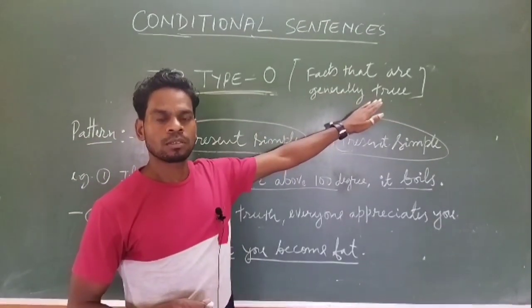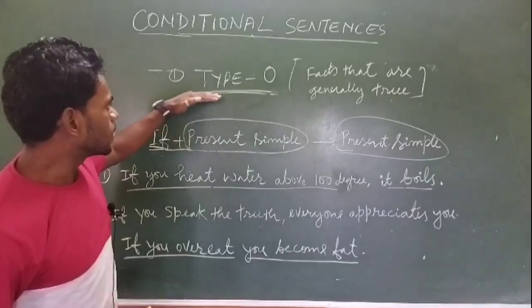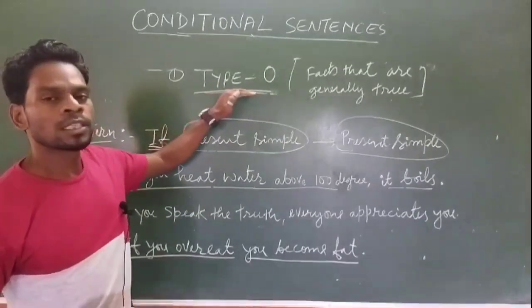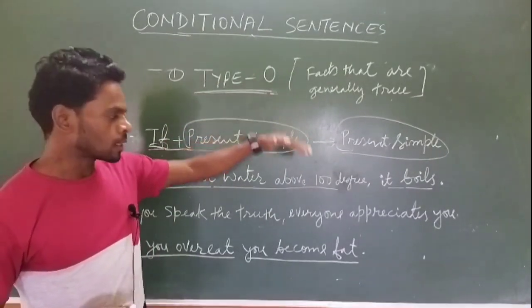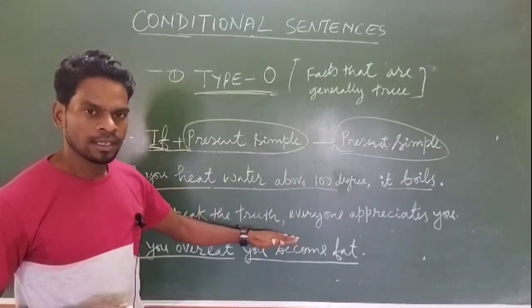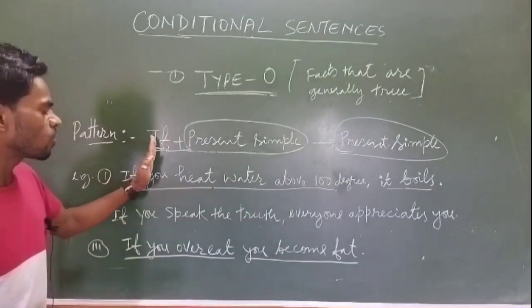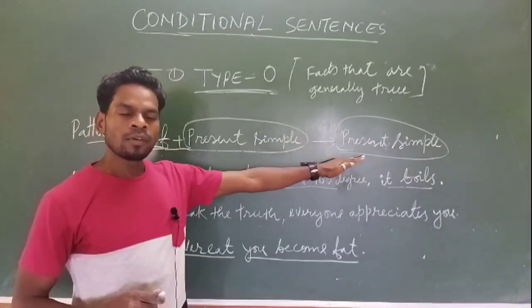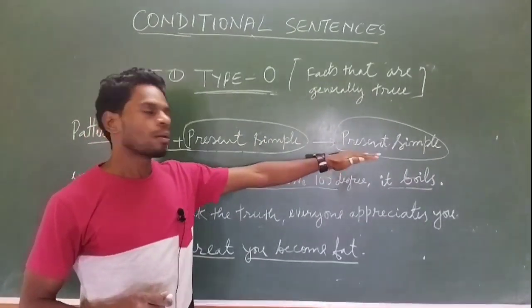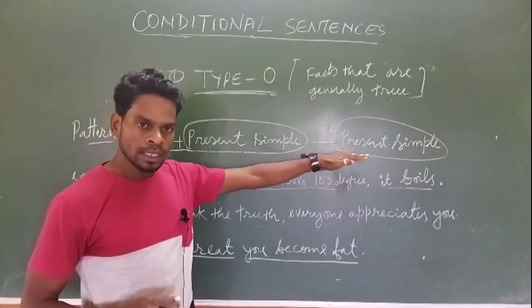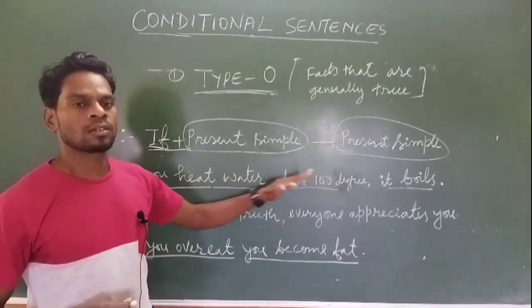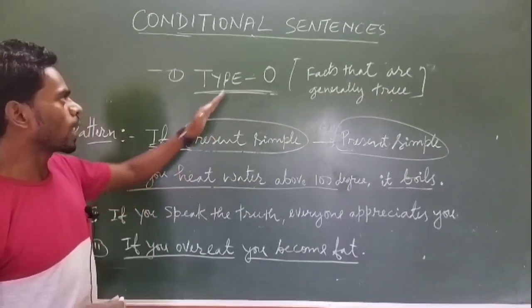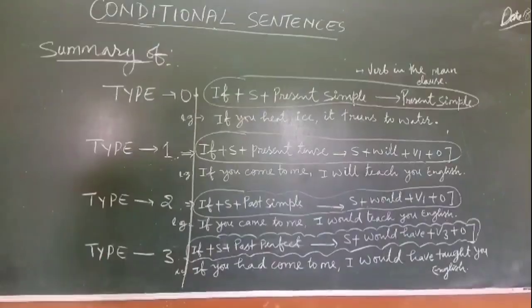So this type is known as type 0, or such kind of sentences that follow if plus present simple tense, and even the result also happens in present simple tense. So such kind of sentences or the pattern is known as type 0.